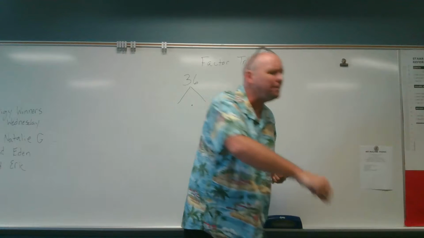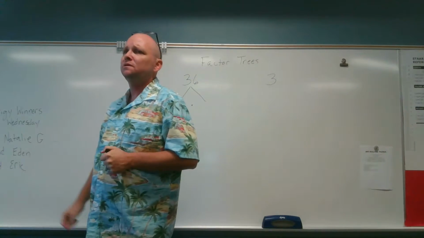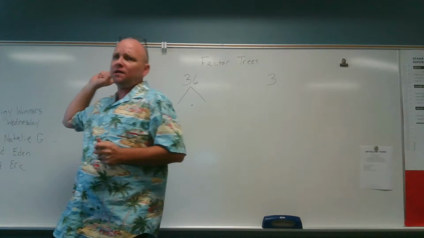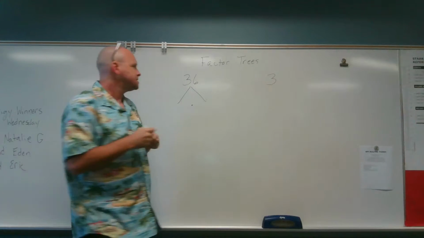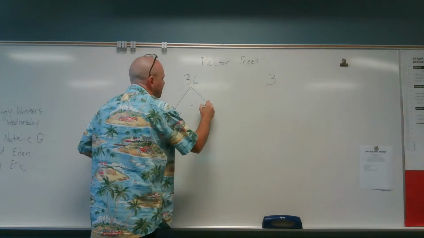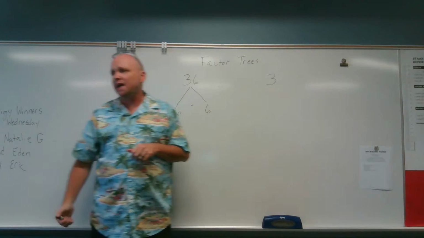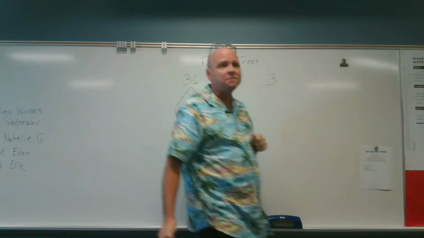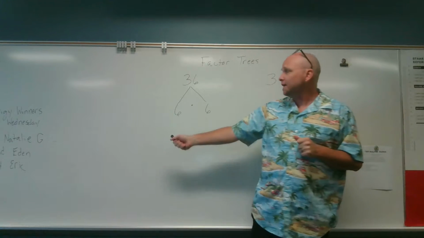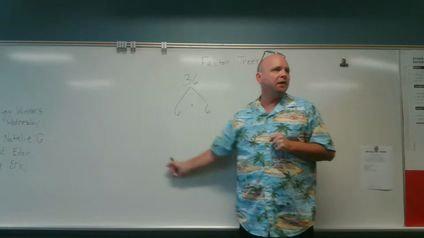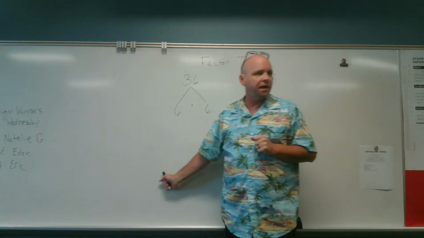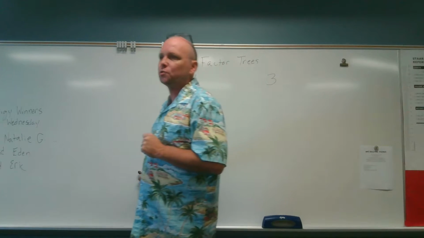It does not matter which two numbers you choose. Zoe? I chose 6 times 6. If you chose 12 times 3, 9 times 4, 2 times 18, you're going to get the same prime factors when you're done.